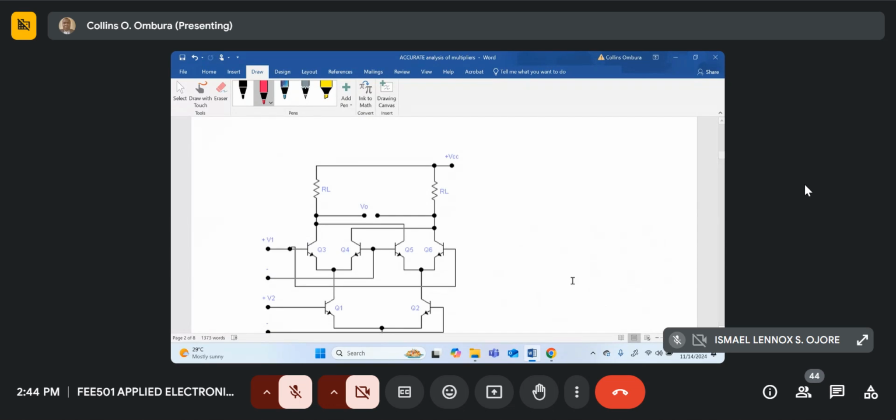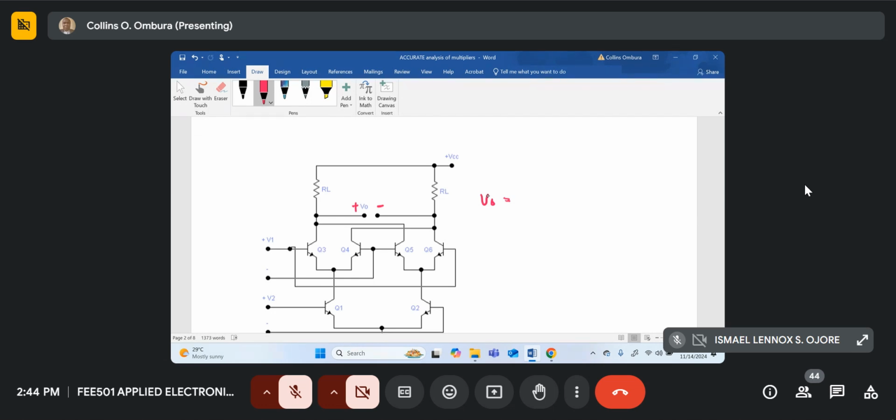In this circuit over here, if I was to get the voltage output, so the voltage V naught, if this side is positive and this side is negative, will be equal to the drop across RL. And what is the drop across RL?